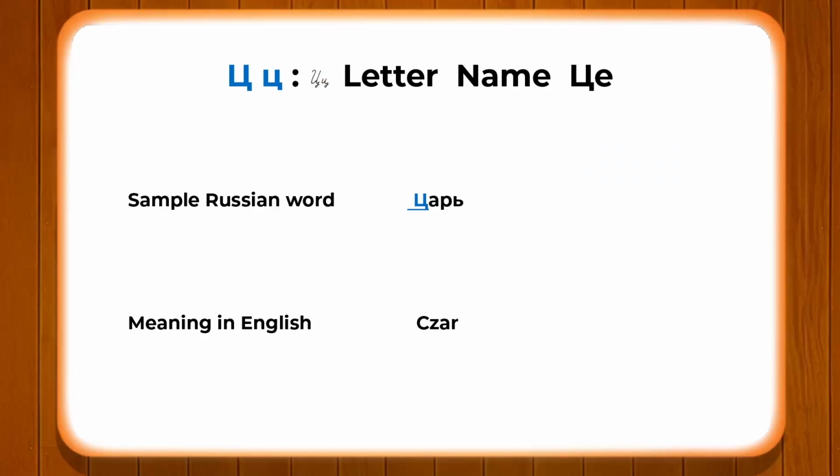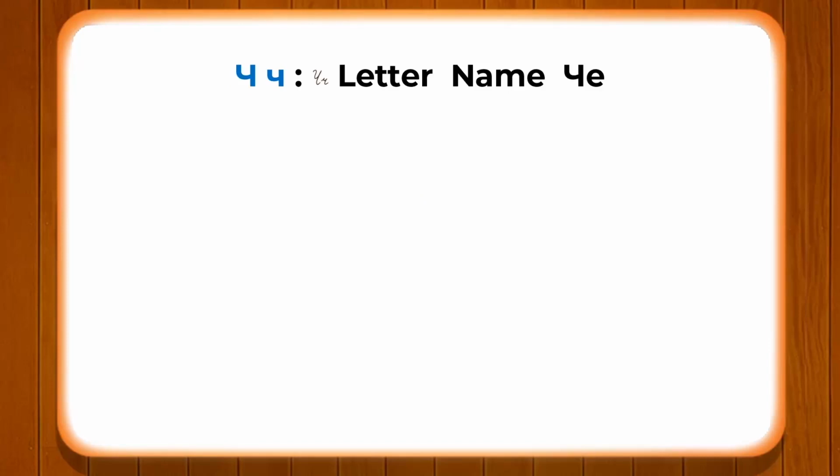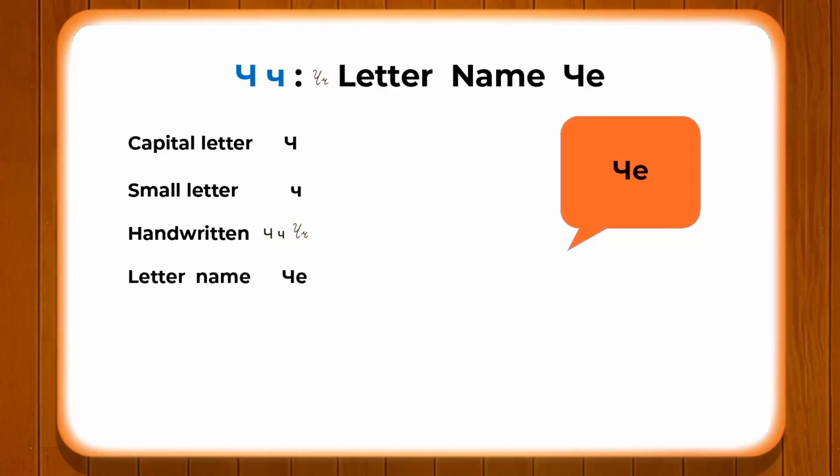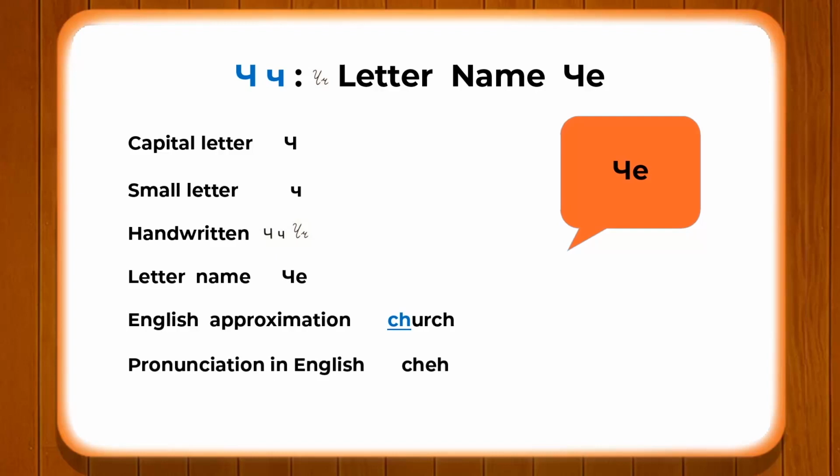which means Tsar or the king in Russian. So the letter we are now going to discuss is known as Che, Che, and we have an English approximation with us. We can see how it resembles the exact sound of letter Che, as in church.